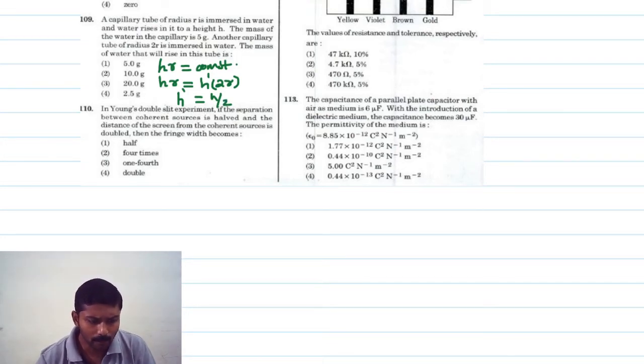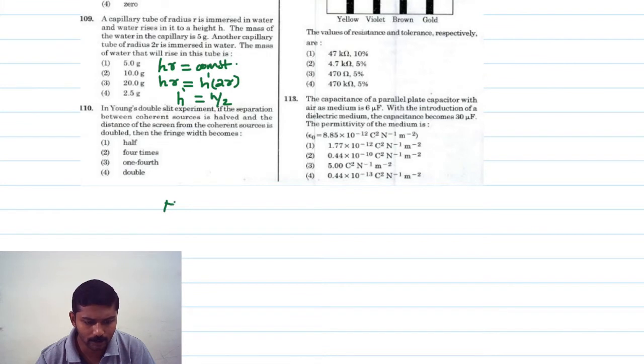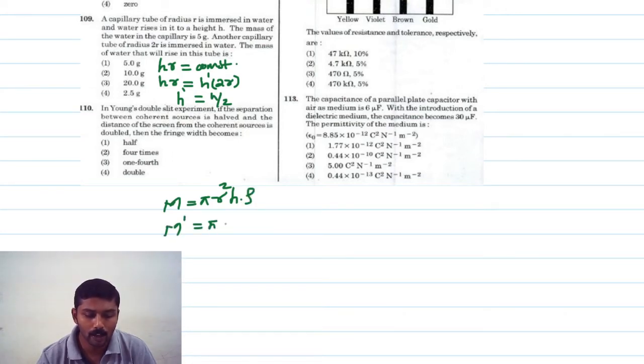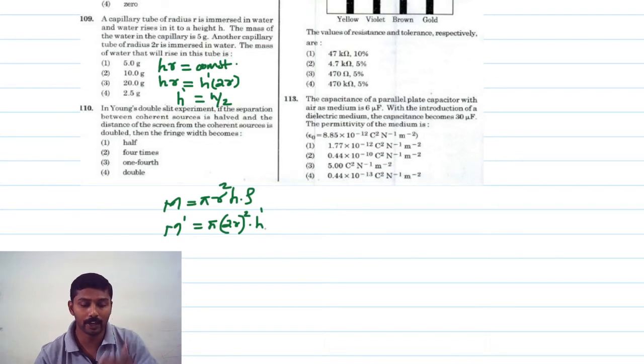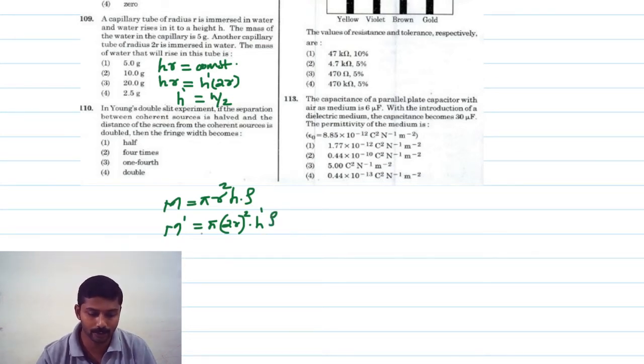Now what is the equation for mass going up? The mass is equal to pi r square times h multiplied by the density. In the new case, the new mass will be equal to pi, what will be the radius? The radius is 2r, squared, multiplied by h dash, the new height to which water rises in the same water.